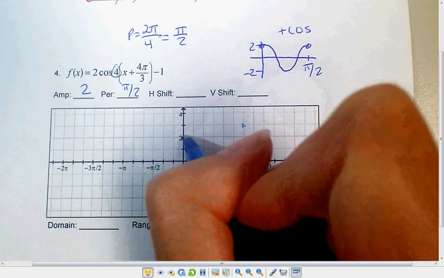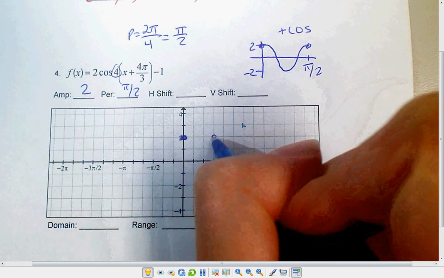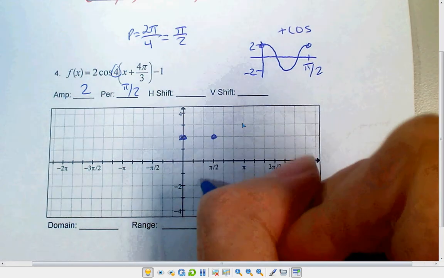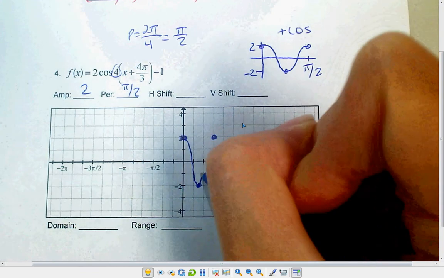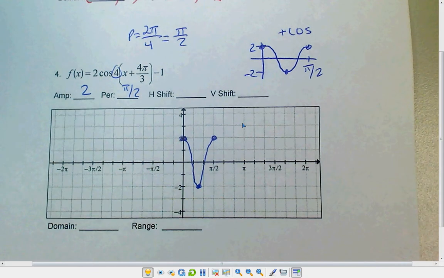So here's 2, here's pi over 2. Halfway in between is going to be where it goes down to hit its middle point. That's my original graph. And now I'm going to shift it.